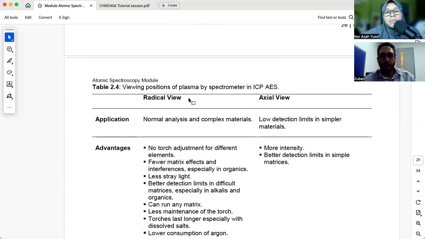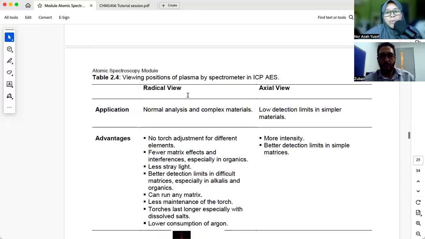But for plasma, the detection is a bit different because it is based on emission. So emission from plasma can be viewed by radial view and axial view. So by using these two types of viewing of the emission, low detection limits can be achieved. So this is actually the difference between normal AAS and then the ICP. The recording of the emission, they have two types of view.